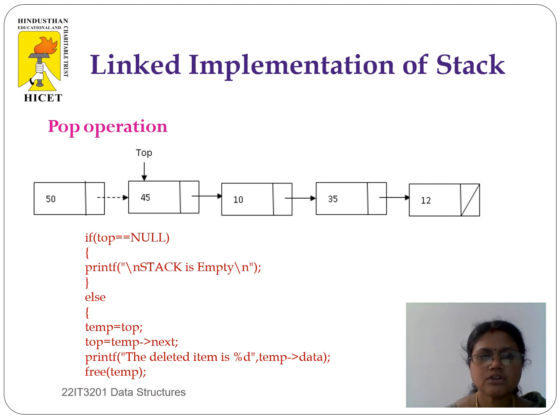Then make the top point to temp's next and delete the temp element. In this example, temp will point to 50 and now top will point to 45. The element 50 will be deleted, so the current content of the stack will be 45, 10, 35 and then 12.